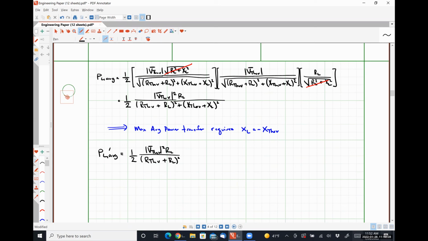So this is the thing that we need to maximize now. If we ignore this factor of 1/2, this is literally the exact same thing that we maximize in a DC case. So for maximum average power transfer to occur requires RL to be exactly equal to R Thevenin.